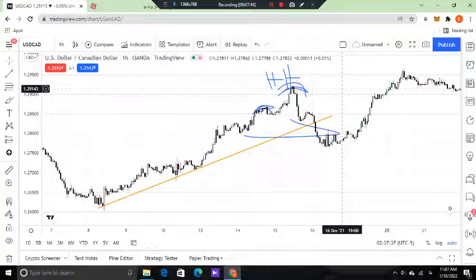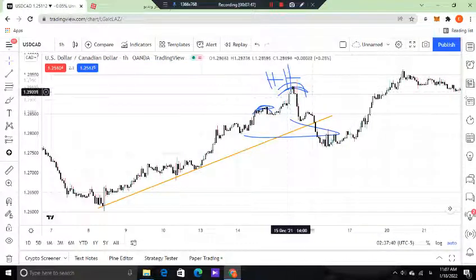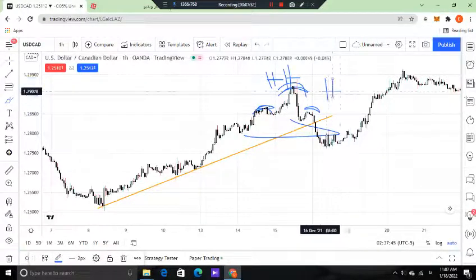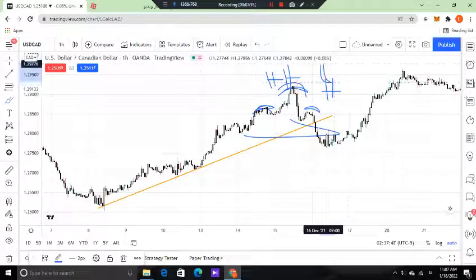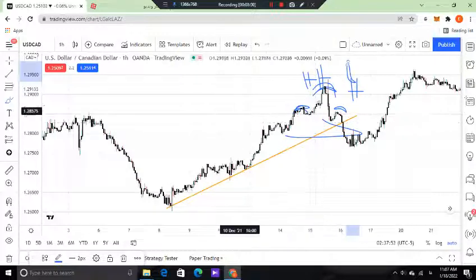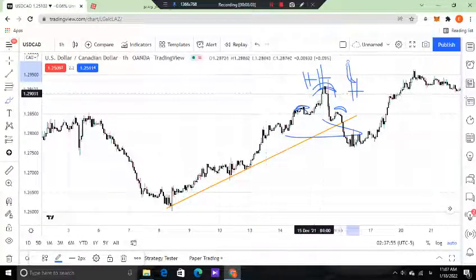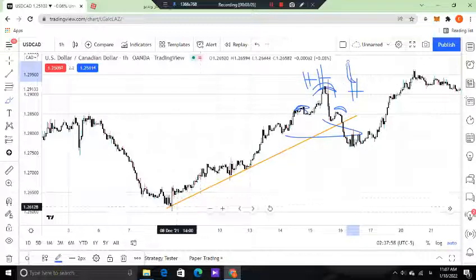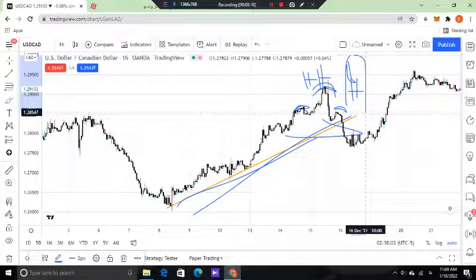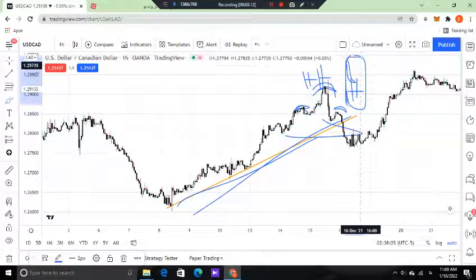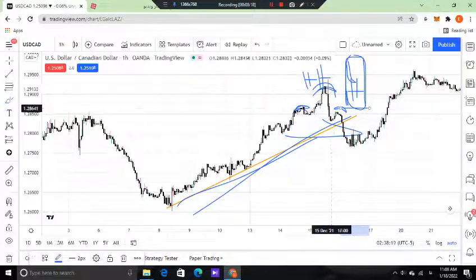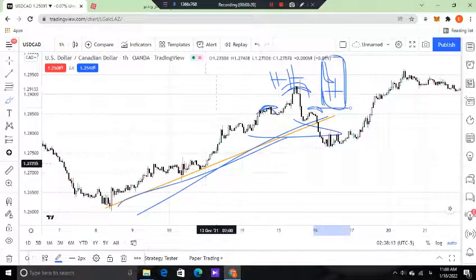Here we have this higher high, but here we have a lower high, and after that, why do we call it a lower high? Because this high is lower than this one. In a bull trend, when you have a lower high, it's the best sign, because you can see it from this breakout too.